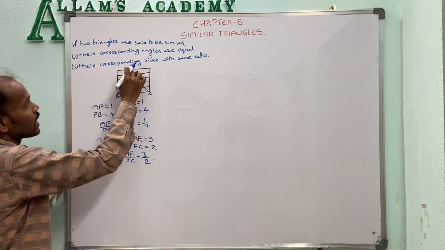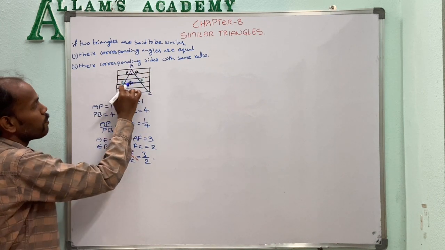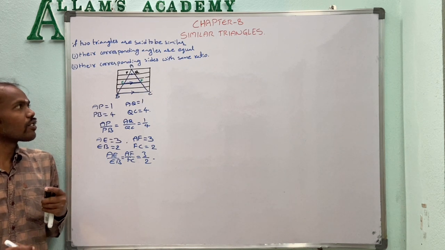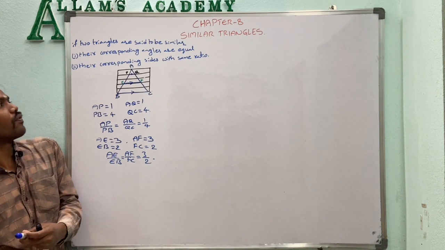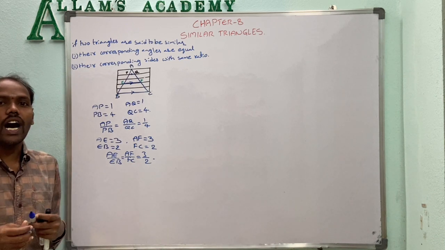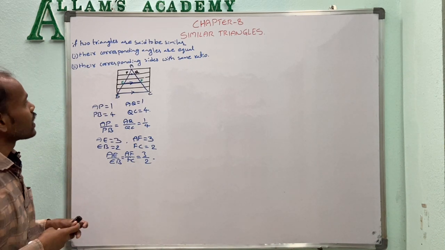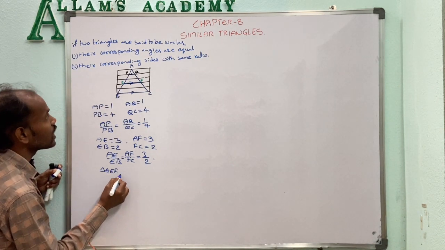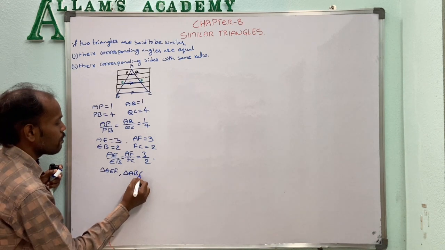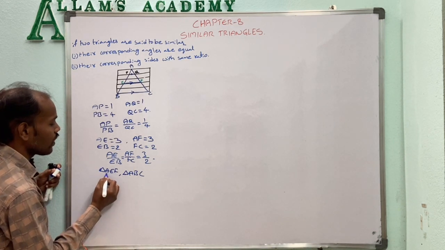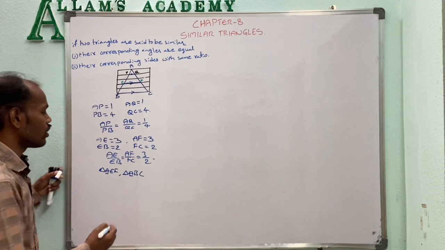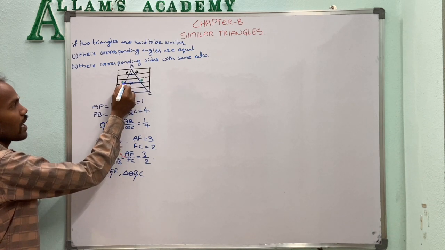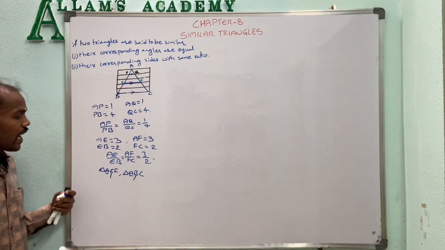So observe the two triangles AEF and ABC. They have sides in equal ratio, and the corresponding angles in triangle AEF and triangle ABC are also equal. Angle A is the same angle, and angle E and angle B are corresponding angles because the lines are parallel, so they are equal.